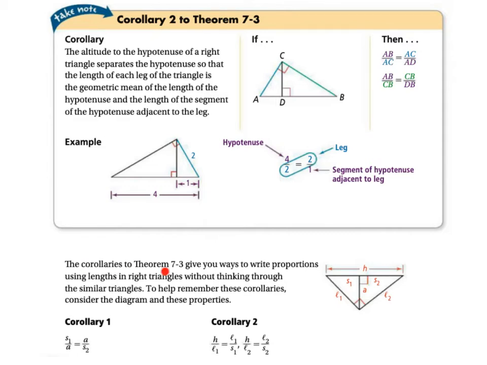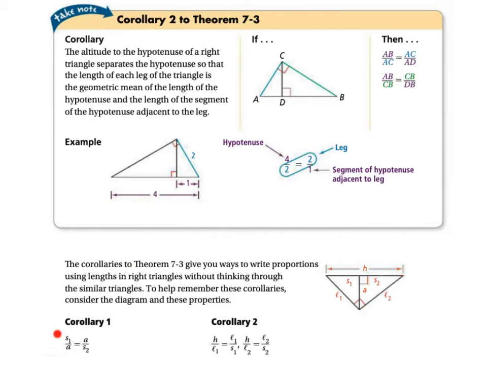Now, corollaries to 7-3 give ways to write proportions using the lengths in right triangles without thinking through the similar triangles. You can just set it up without having to lay everything out, which triangle is which and all that. To help remember these corollaries, consider the diagram and these properties. You can say this is the full hypotenuse and leg 1 and leg 2 for the big triangle. This is the altitude, and this is segment 1 and segment 2 formed when you drop the altitude.